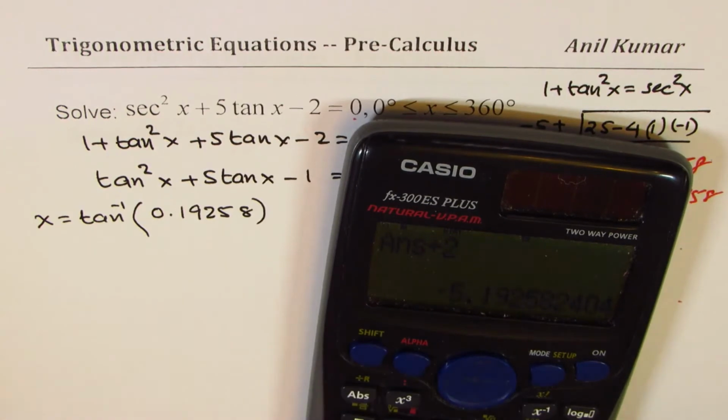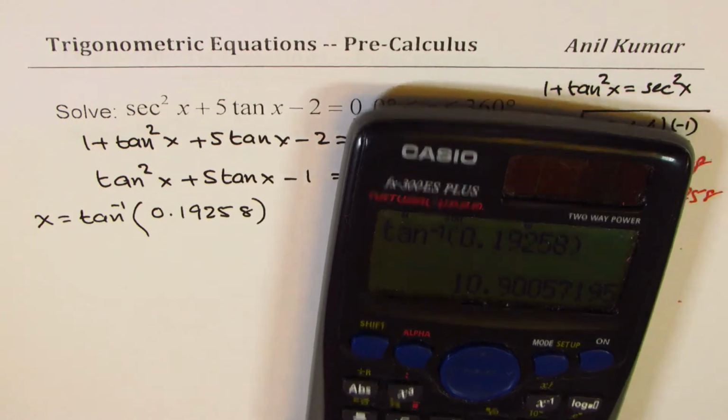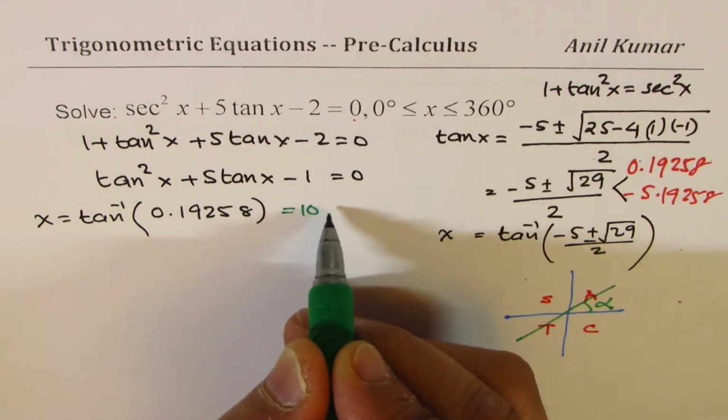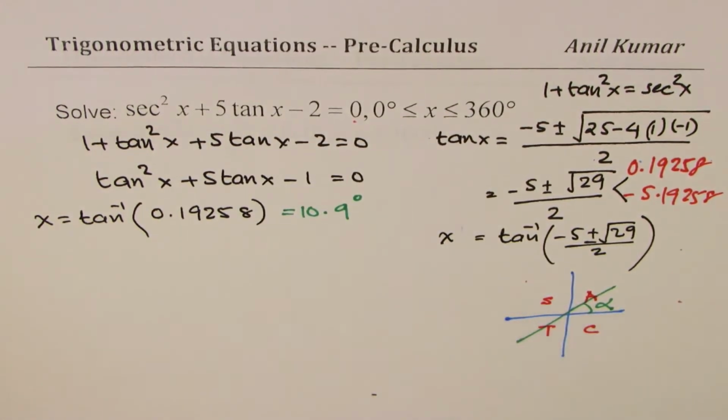So we'll have this. We have shift tan inverse of 0.19258 equals 10.9. So we get 10.9 degrees here. Correct? So 10.9 is one solution.